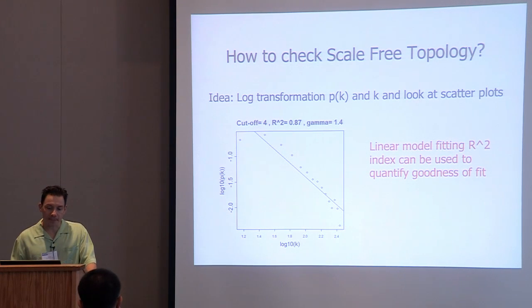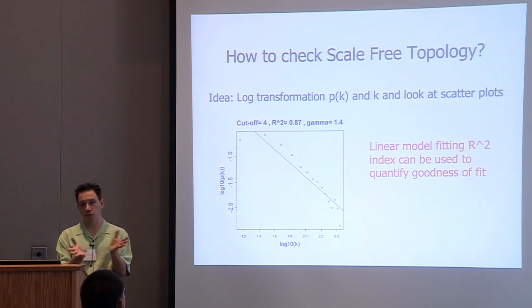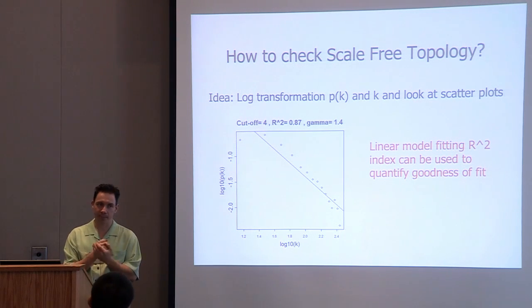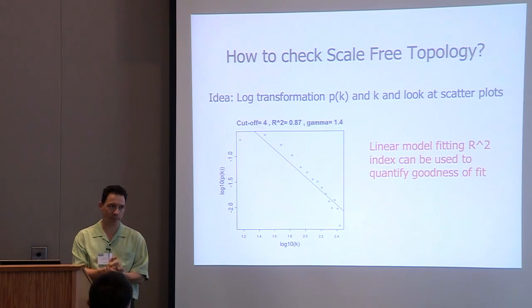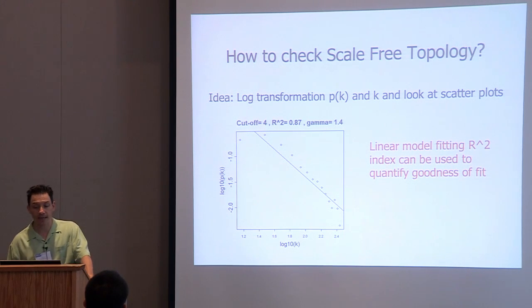Now, in statistics, if I ask you how you measure that two variables follow a straight line relationship, hopefully you remember the Pearson correlation. That's actually the optimal measure for measuring straight line relationships. So that's really what we do.